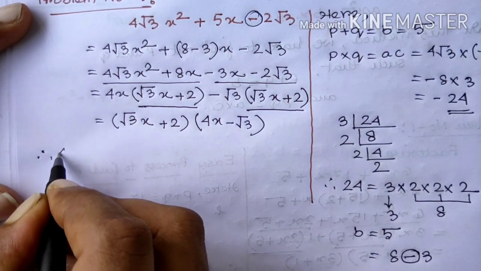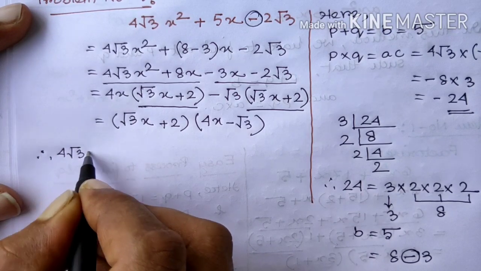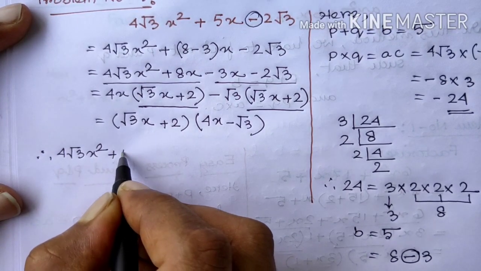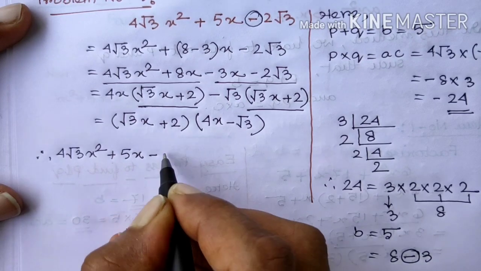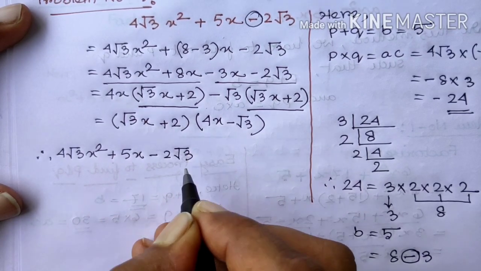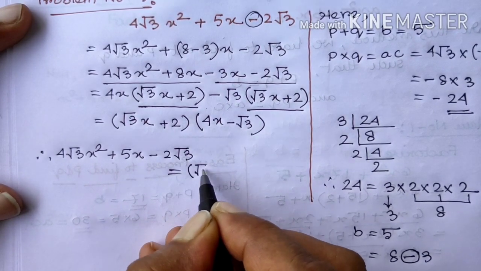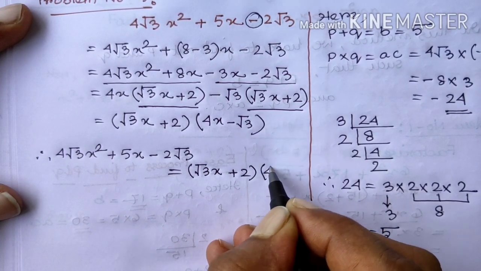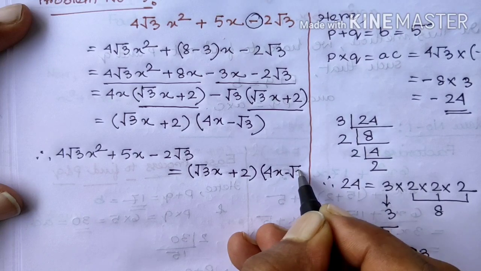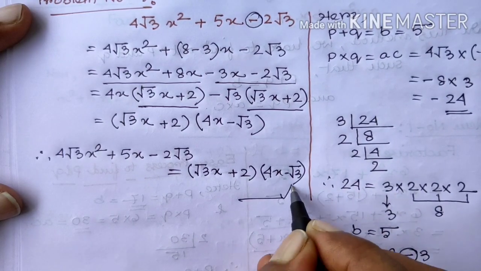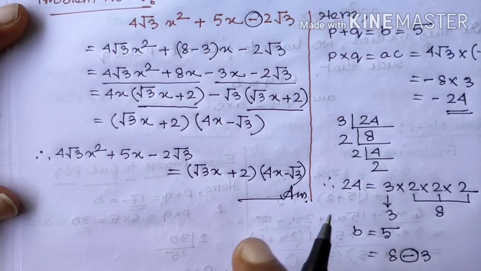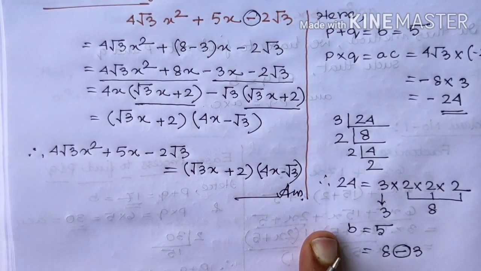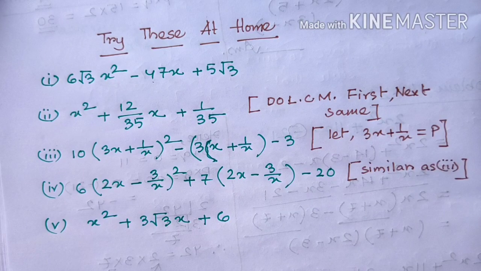Therefore 4 root 3 x square plus 5x minus 2 root 3 is equal to root 3x plus 2 into 4x minus root 3. Try these problems at home, otherwise I will give the solution in the next video.